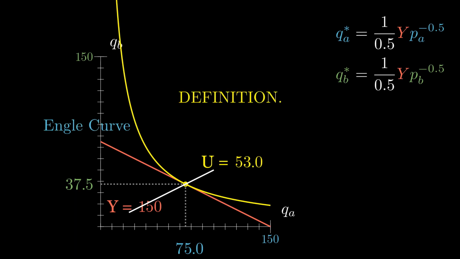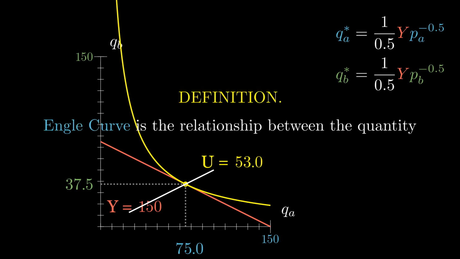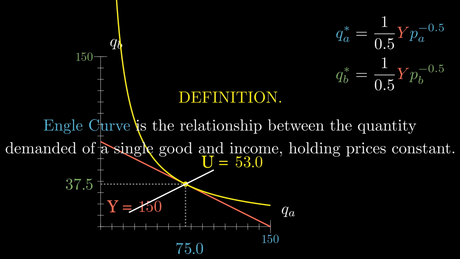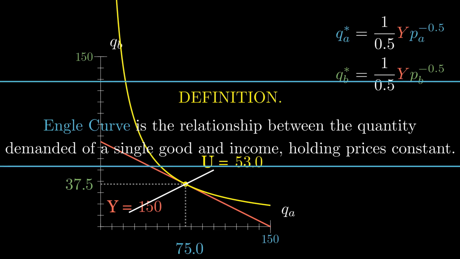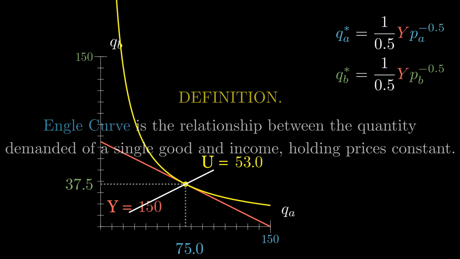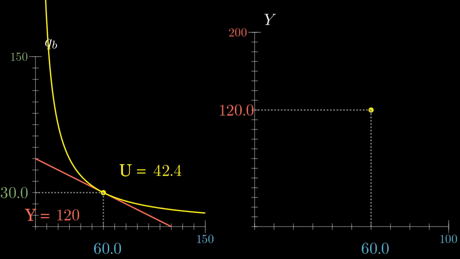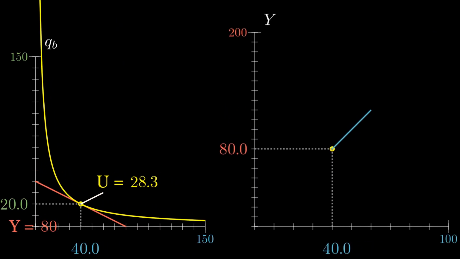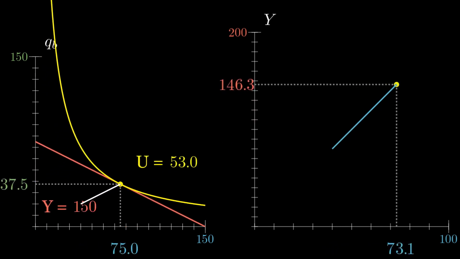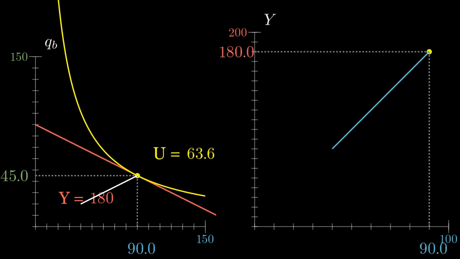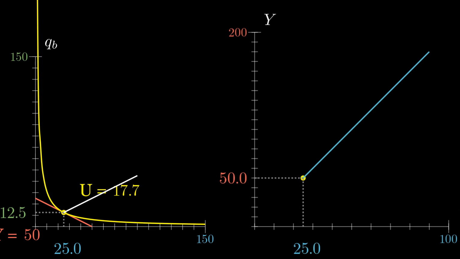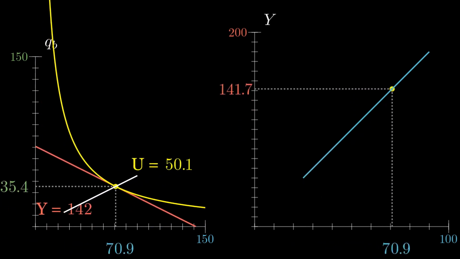But there's another way to set up this relationship between income and quantity demanded, what we call the Engel curve, which is the relationship between income and a specific good. Here, let's just isolate QA and map out what happens when we shift income in the same way we did for the income consumption path.